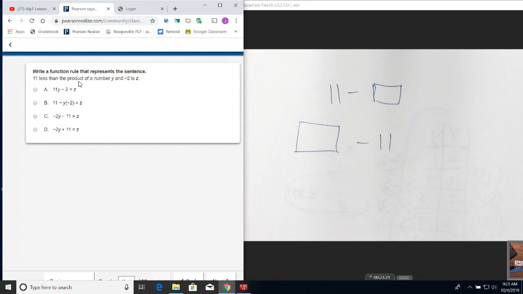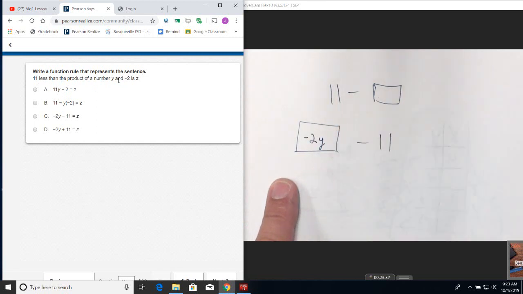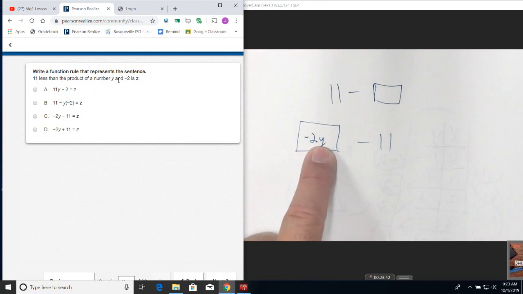What does the product mean? What are you doing with two things? It's the answer to a multiplication problem. So it's 11 less than the answer to a multiplication problem of what? Some number y and negative 2. So I'm going to take negative 2 and multiply it by some number y. That's the product of negative 2 and y, but I don't know what y is, so that's why I'm writing it that way.